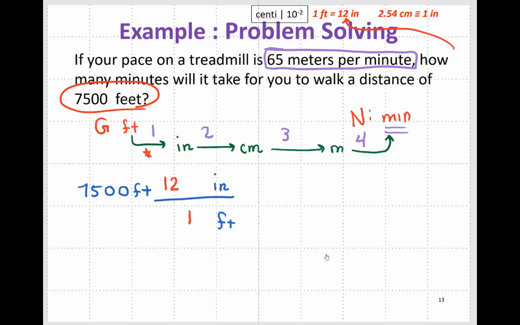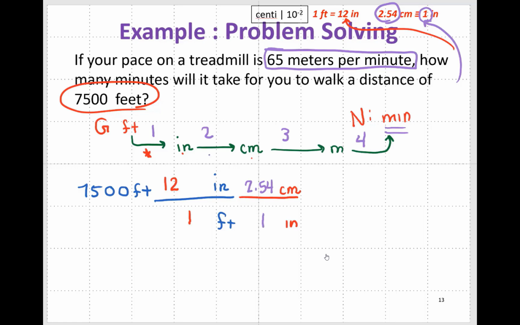For step 2, we're going from inches into centimeters, and we want inches on the bottom so they cancel, and centimeters on top. We'll go ahead and put our numerical values in, and that's taken from the equation sheet. And 2.54 goes in front of centimeter, and 1 goes in front of inch. So that completes step 2.